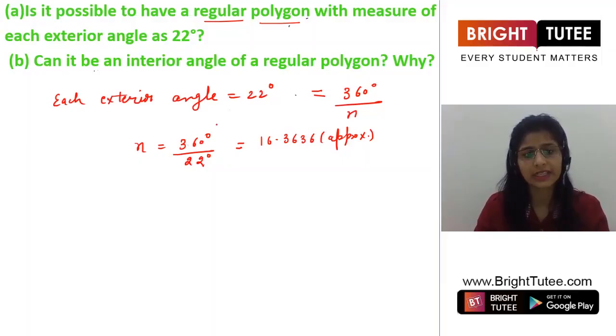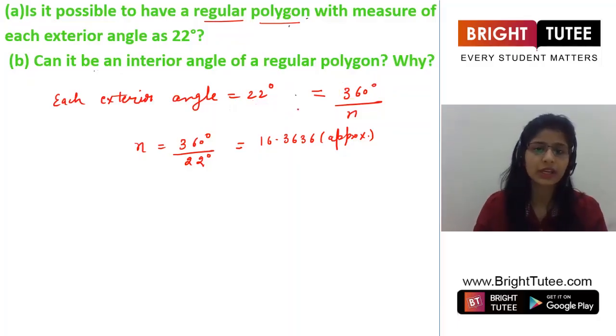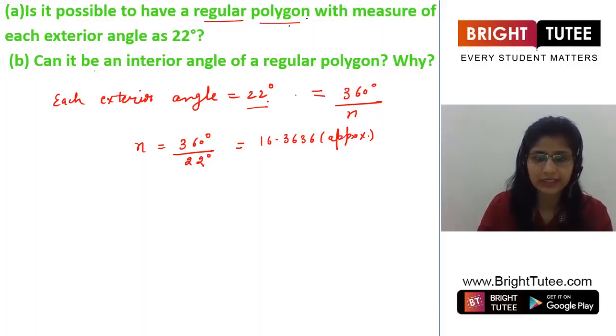Also, how can you recognize this? 360 degrees is not a perfect multiple of 22. We can recognize whether we can have an exterior angle of 22 degrees or not by seeing that 360 degrees is not a perfect multiple of 22 degrees.